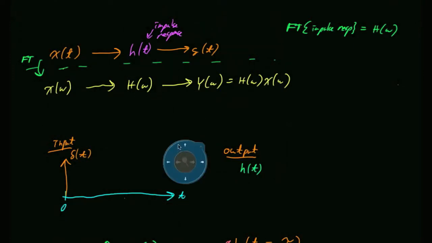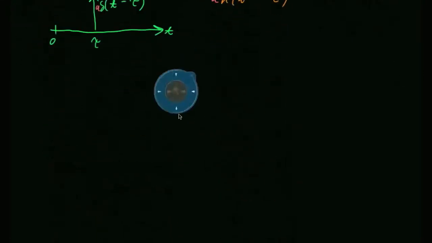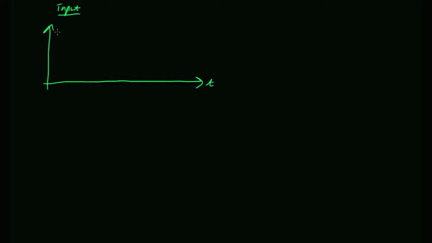Suppose your signal, x of t, is not an impulse. Suppose it is some arbitrary signal. You ready? I claim that if you squint your eyes and think about it hard enough, you could imagine that this x of t is really just a sequence of impulses, right?